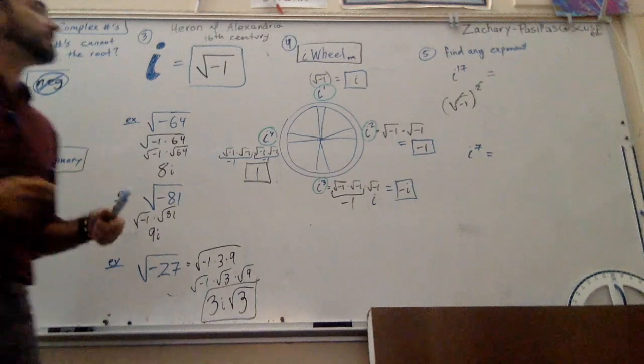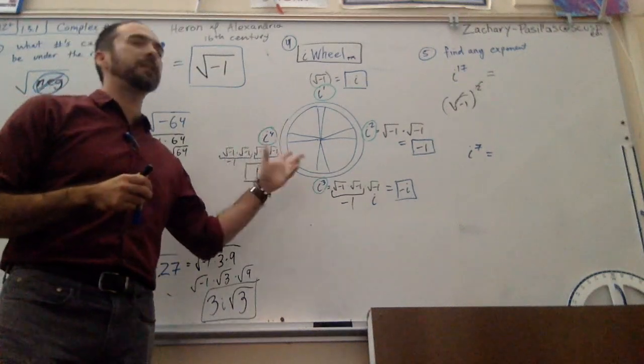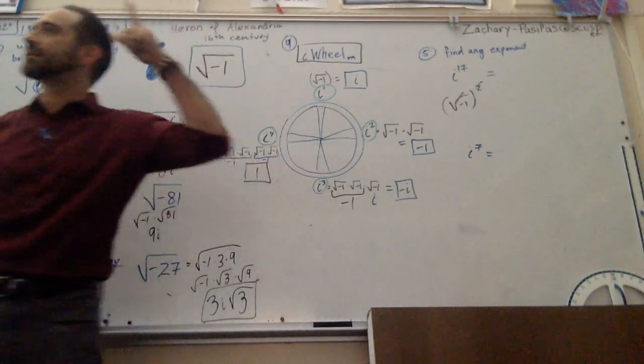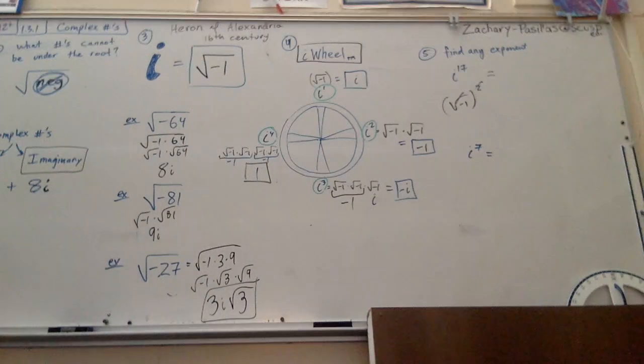Can somebody explain to me why i to the fifth power would be equivalent to the same value that i to the first power is? Why would that be the case?